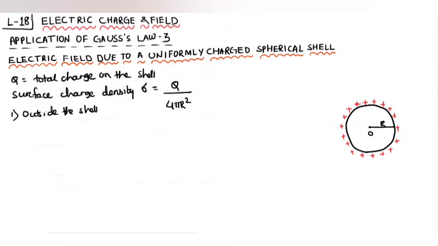Next, I will find the electric field intensity on the surface of the shell. So I'll find the electric field somewhere here at a point which lies on the surface of the shell. And finally, I will find the electric field intensity inside the shell.